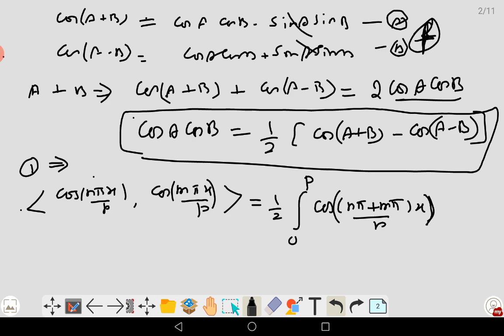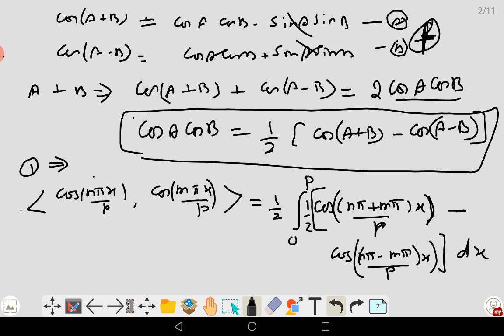Next, plus, there is a 1 by 2, so this 1 by 2 is here, cosine a minus b, cosine of n pi minus m pi over p times x, dx. This 1 by 2 and this 1 by 2, it will be 1 by 4 outside, isn't it?